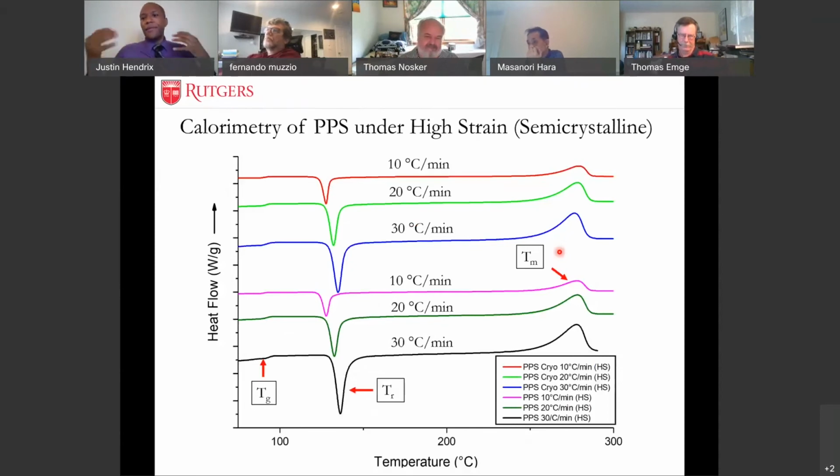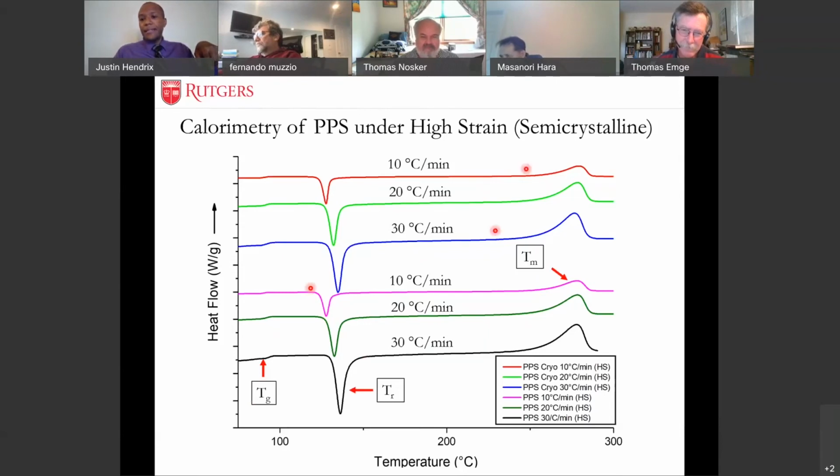Now, for the calorimetry results, to understand what differential scanning calorimetry does, as we scan at these 3 different rates, we get 3 different equilibrium temperatures that we're going to look at. For polyphenylene sulfide, we're going to look at our glass transition temperature, which is below 100 degrees Celsius. The second is the recrystallization temperature, which is between 100 and 150 degrees Celsius.